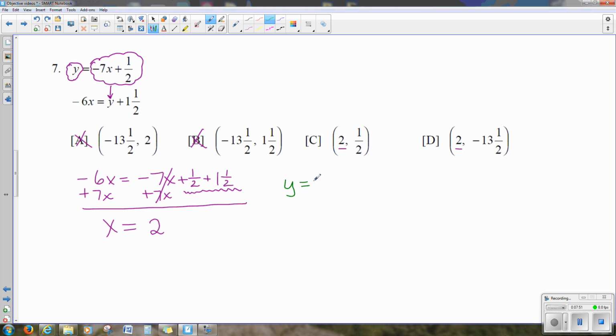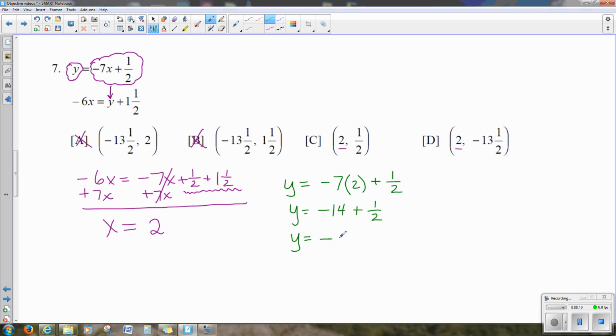y equals negative 7 times x, which is 2, and then plus 1/2. So y equals negative 14 plus 1/2. If you're confident with integers, you'll realize that if you're at negative 14 and you add a 1/2, you're getting closer to 0.